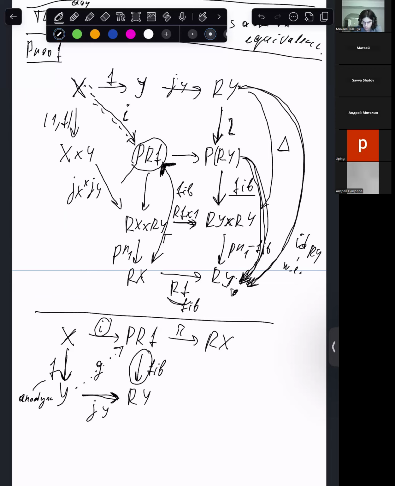Moreover, it's an acyclic fibration, so the pullback of an acyclic fibration is also an acyclic fibration. Why is acyclicity preserved? The pullback of a fibration is a fibration.